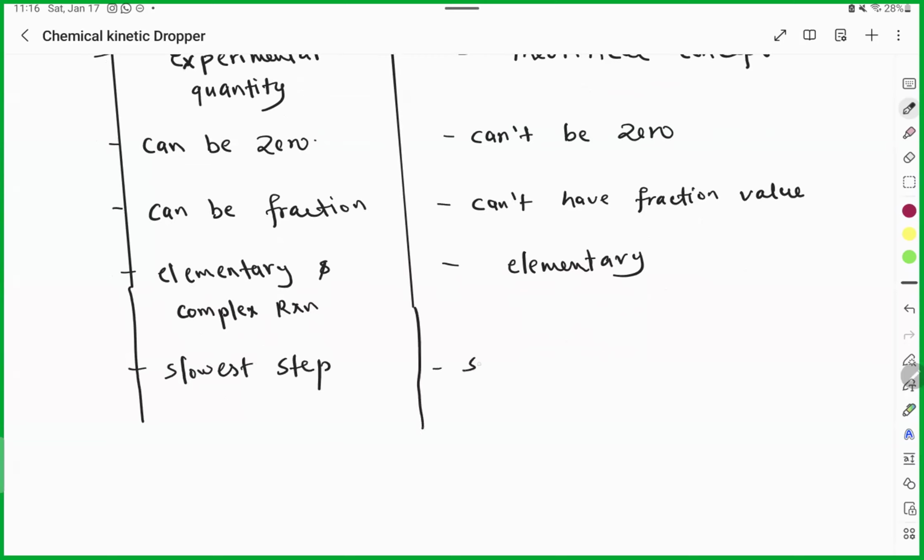Is this the same for the slowest step or the fast step? No, no, not the same. Same would be the wrong word. Applicable for both. Not only the slow step, even the fast step. Applicable for both.